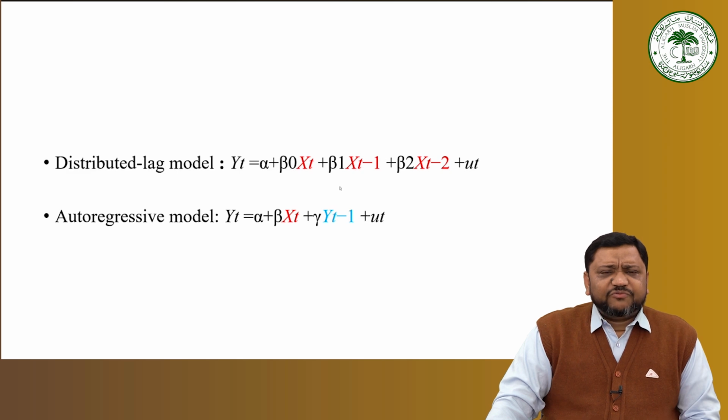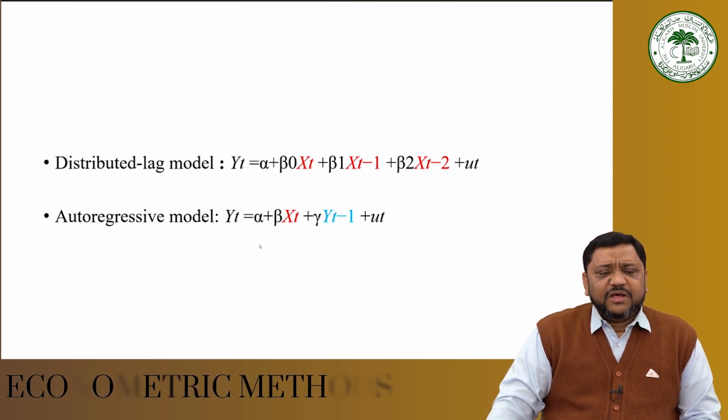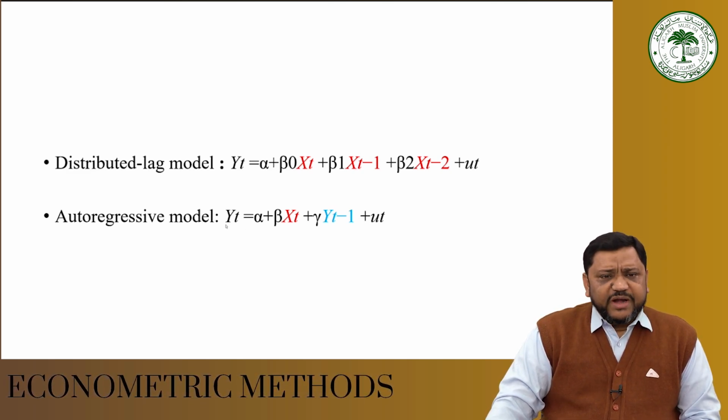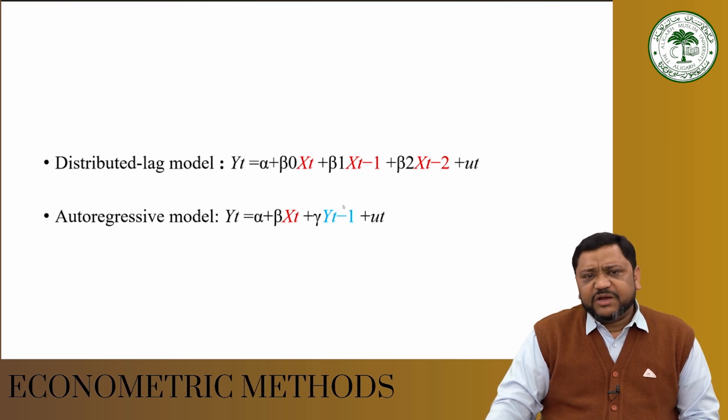Then we differentiated between two types of models. One in which only the independent variable is present in lagged format, like xt, xt minus 1, xt minus 2. Another in which the dependent variable yt minus 1 is present as an explanatory variable.